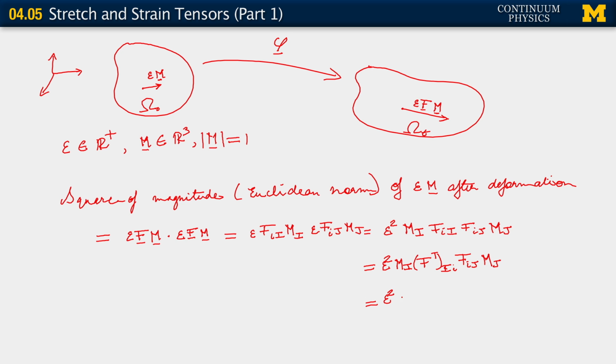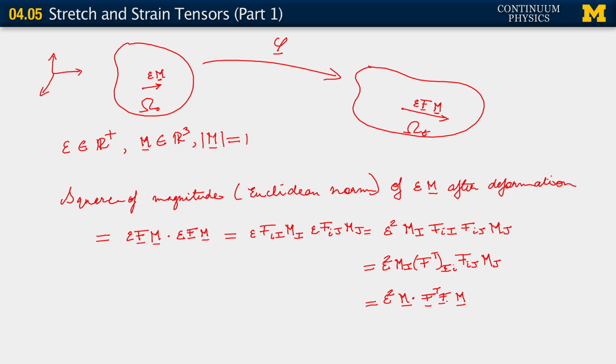We have epsilon squared, which is a scalar, m dotted with F transpose F acting on m. That essentially is the square of our original vector epsilon m after being deformed.